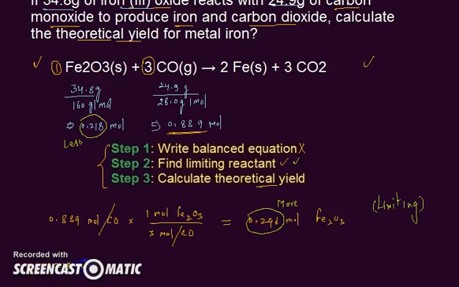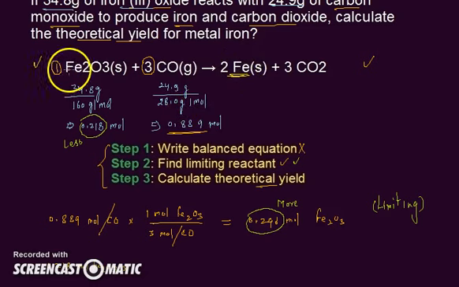We use the mole ratio between iron oxide and metal iron, because the question says to calculate the theoretical yield for metal iron. That's why we use the moles of metal iron in the mole ratio.